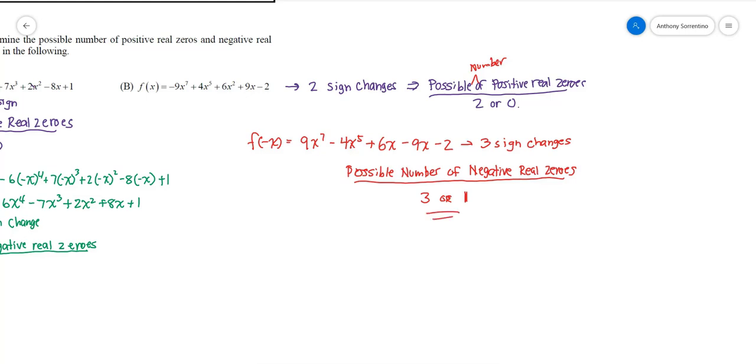So I'm either going to have 3 of them or I'm going to have 1, which means I'm guaranteed to have at least one negative real zero on this. So if I don't come up with a negative real zero on this, I'm doing something wrong. Now again, this particular rule here doesn't really help me establish what they are, but it does let me know what I can expect as possibilities, which in the end can help me zero in on an answer.